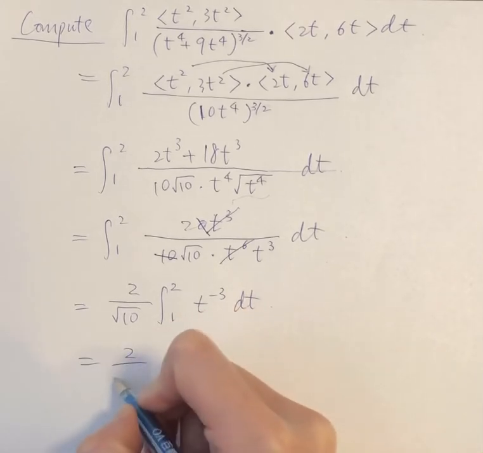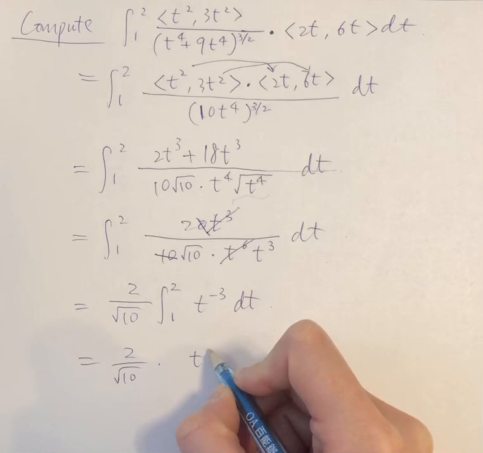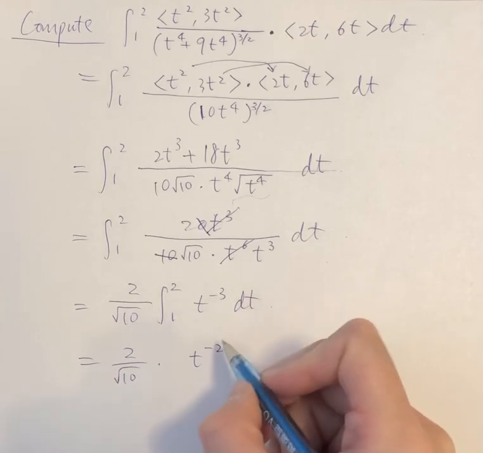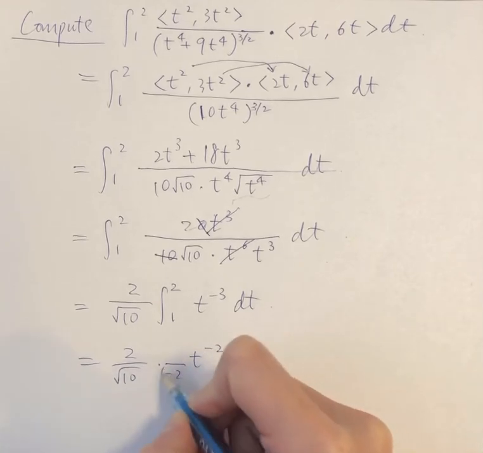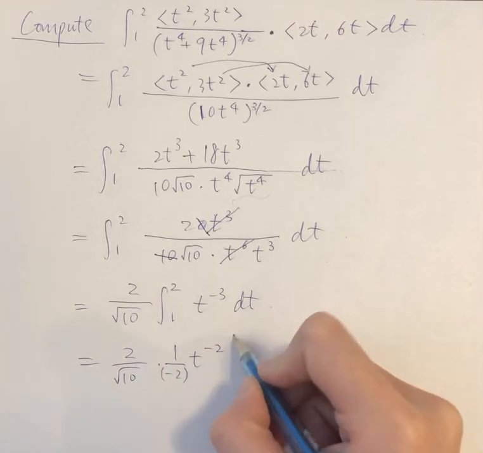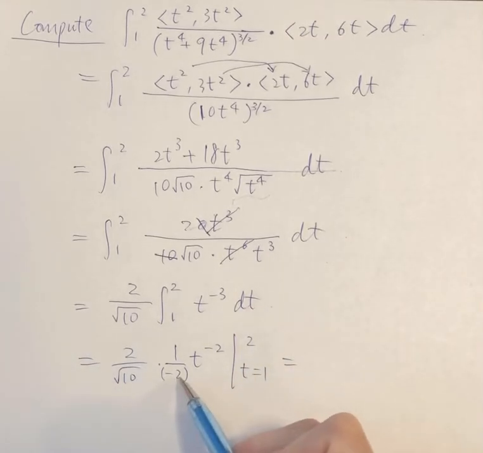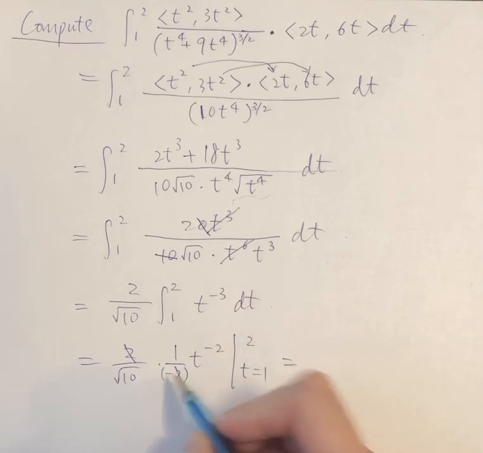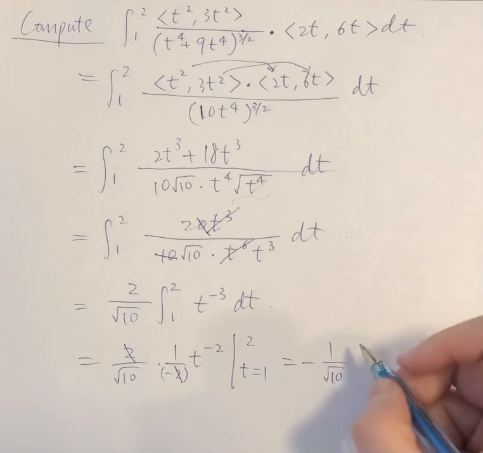Now the rest of it should be easy. If you integrate, you should add 1 to the power, so it's negative 2, and then you put the new power in the denominator. And then t goes from 1 to 2. This 2 cancels with this 2, and you have an extra negative, so negative 1 over square root of 10.